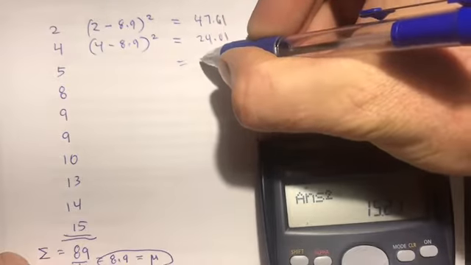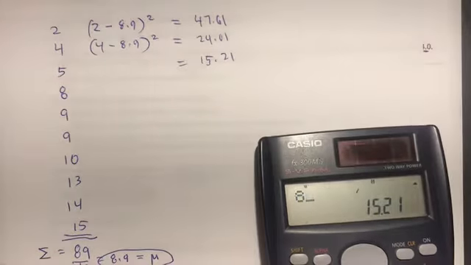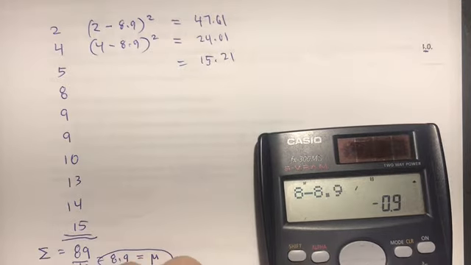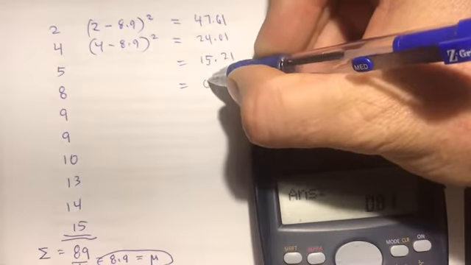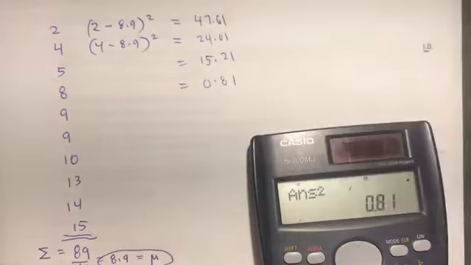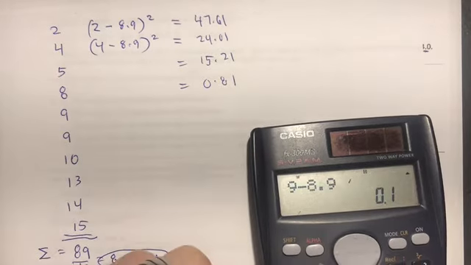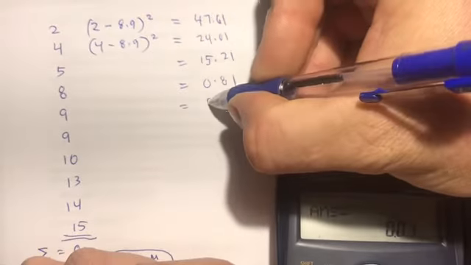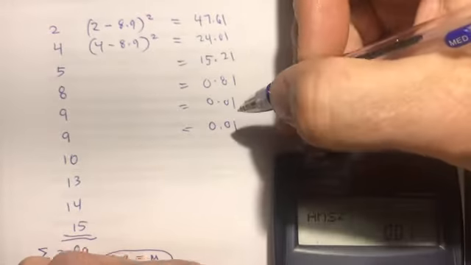This is going to be 15.21. I'm going to do 8 minus 8.9 equals, square it, equals. That's going to be 0.81. And I've got 9 minus 8.9 equals, square it, equals. That's going to be 0.01, and then this is going to be the same here, since that's 9 also.